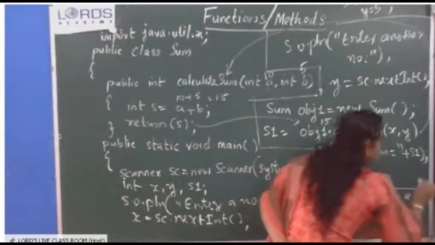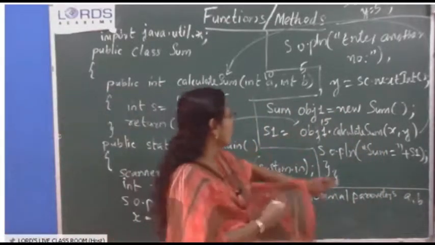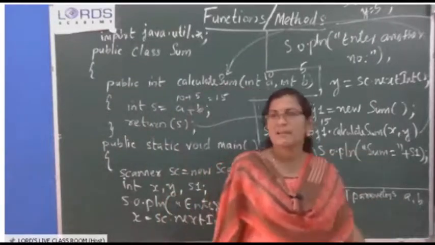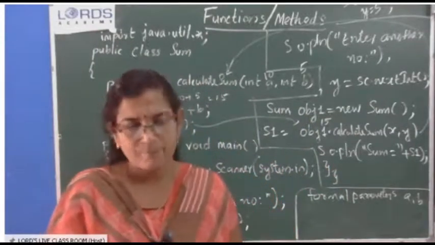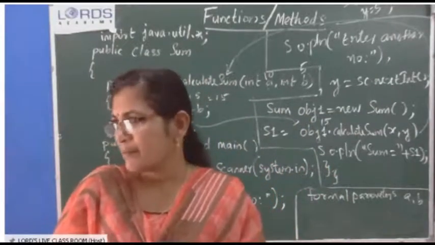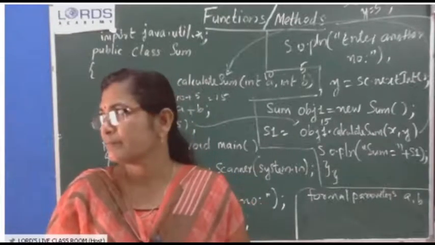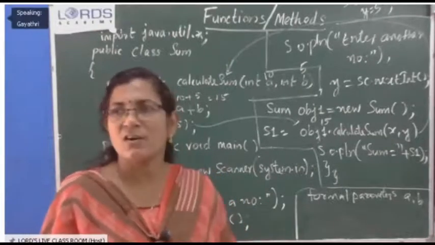Formal parameters are A comma B. Now, variables used at the function call. Which are the variables used at the function call? Gayatri, tell me, which are the variables used at the function call? Gayatri, are you there?